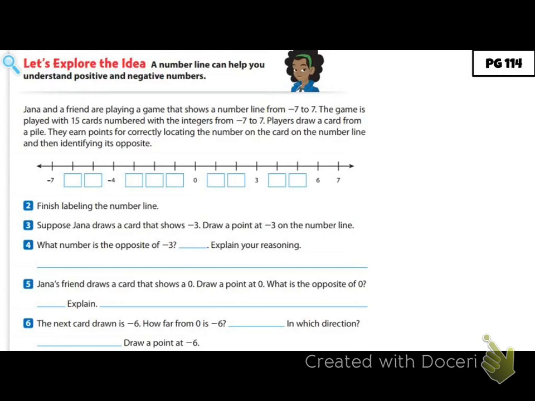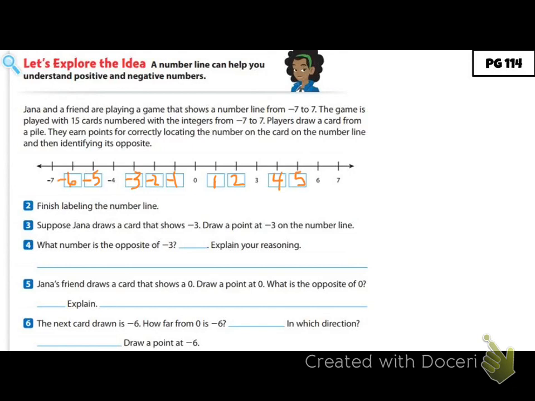If we have 0, we're going to go to the right in order. So, 1, 2, 3, 4, 5, 6, and 7. And then to go to the left, we would do the same thing starting next to the 0. So we'd have -1, -2, -3, -4, -5, -6.